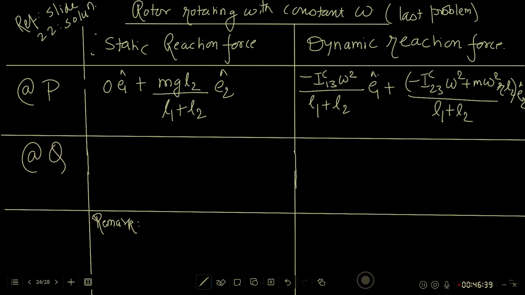At Q, the static force is 0 along E1. Along E2 it is mg L1 plus L1 plus L2.